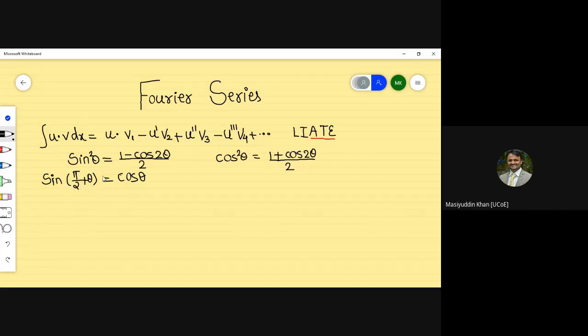But the sign depends on the second quadrant. If you remember, in the first quadrant, all the trigonometric ratios are positive. In the second quadrant, only sine and its opposite, cosec, are positive. The rest of the terms are negative.